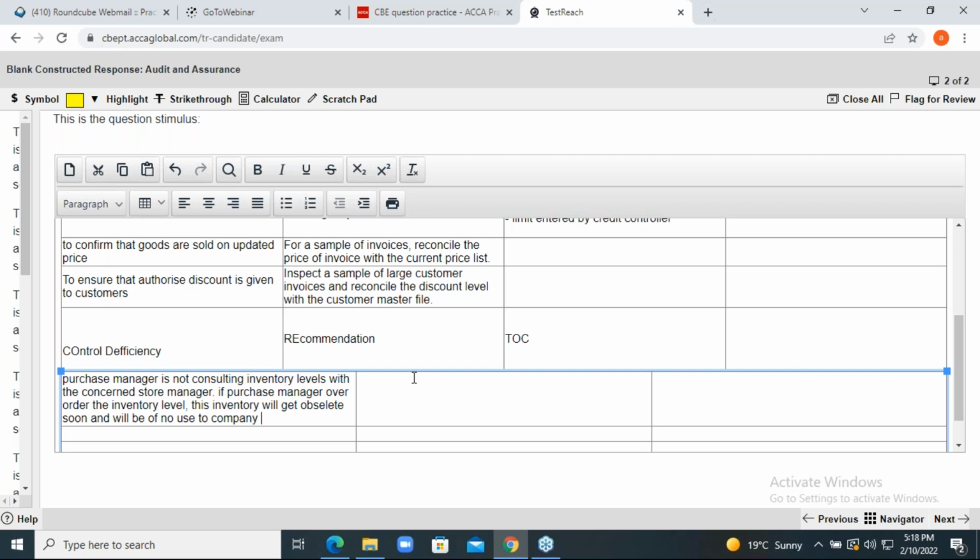So loss of inventory. Of course, this loss of inventory is a risk for the organization. So if inventory is going to get damaged like that, how are they going to earn the money?